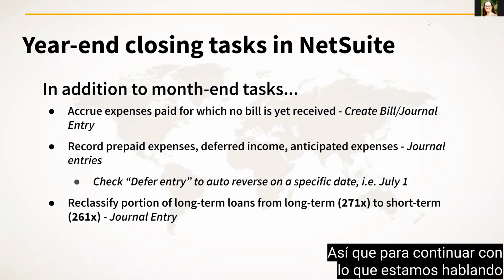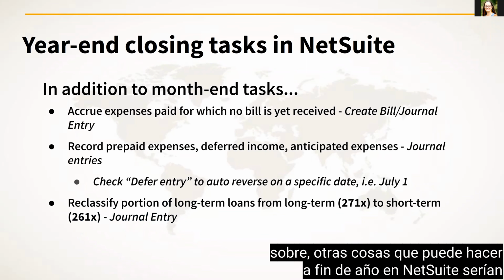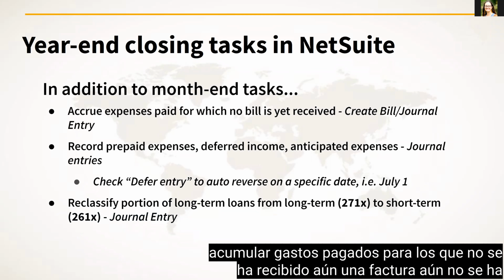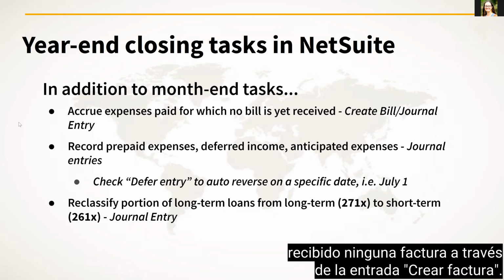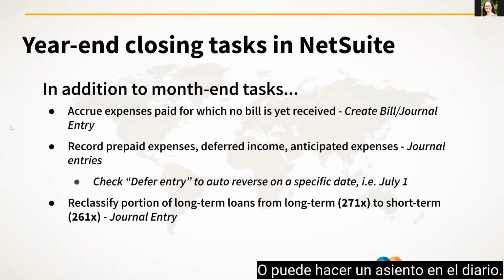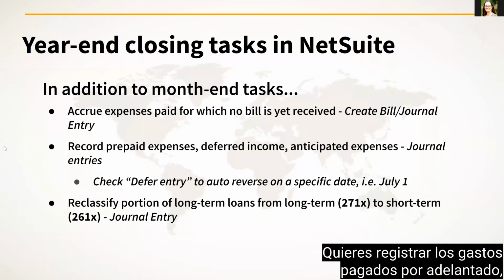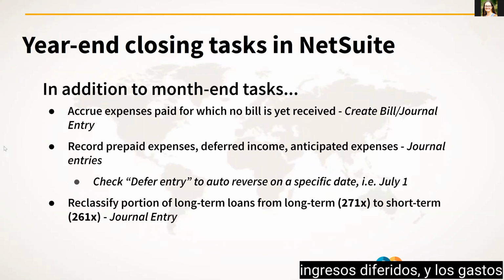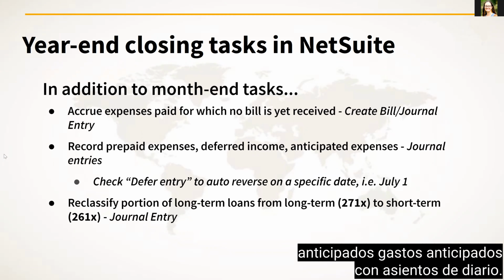So just to continue what we were talking about, other things you can do at end of the year in NetSuite would be accrue expenses paid for which no bill is yet received through the create bill entry, or you can do a journal entry. You want to record prepaid expenses, deferred income, and anticipated expenses with journal entries.